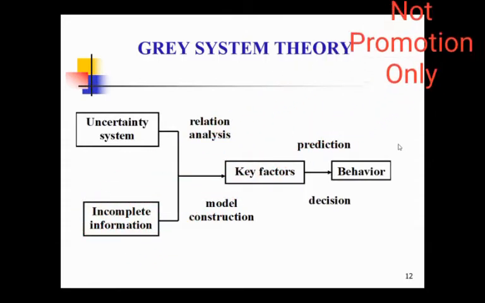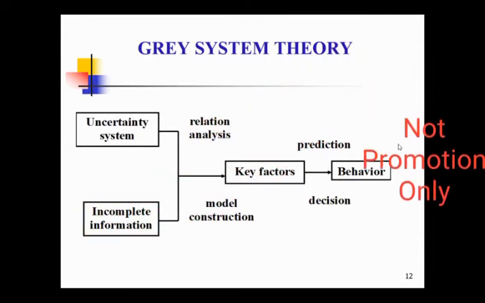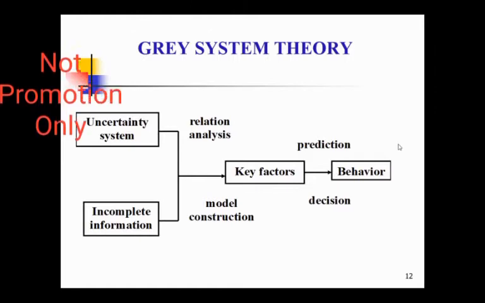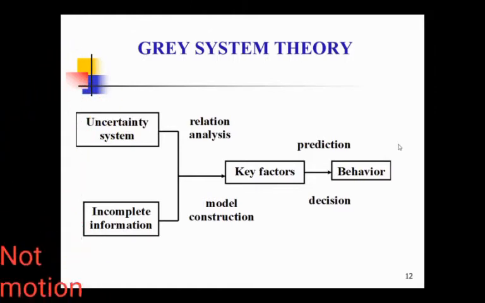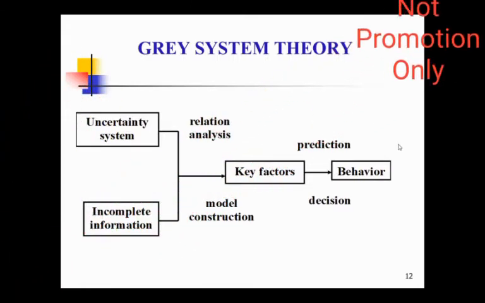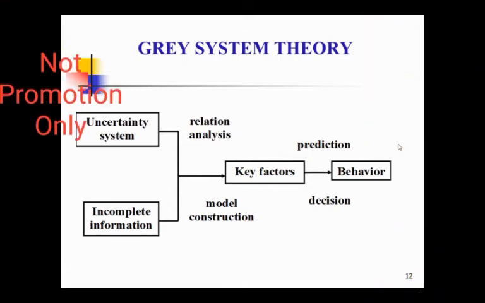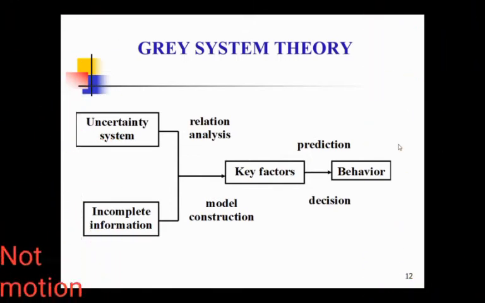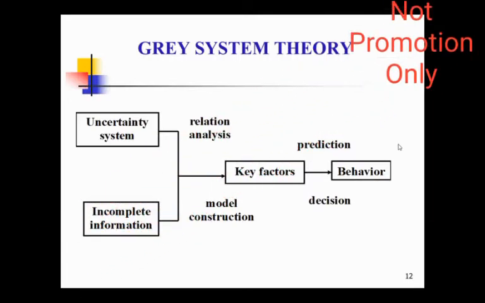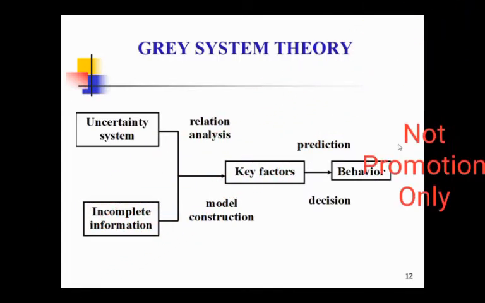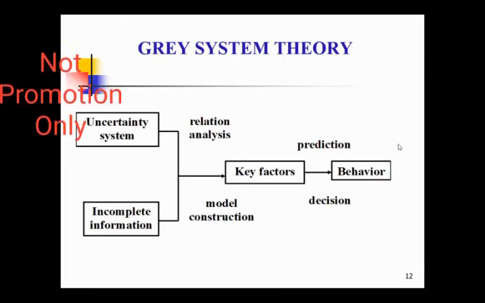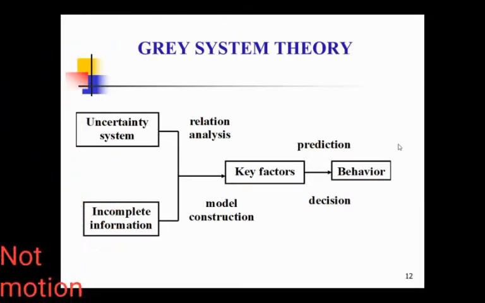The incomplete information is because of how you perceive things or perceive the readings. So from the incomplete information, we are going to develop a model, and that is to be used for prediction, and the prediction is going to be fed into the system for making decisions.